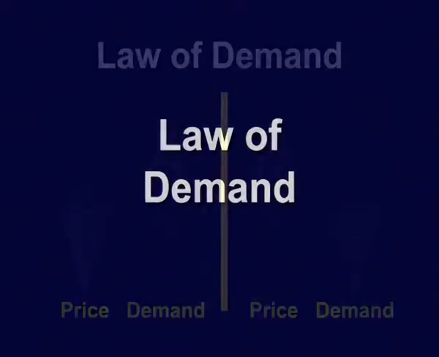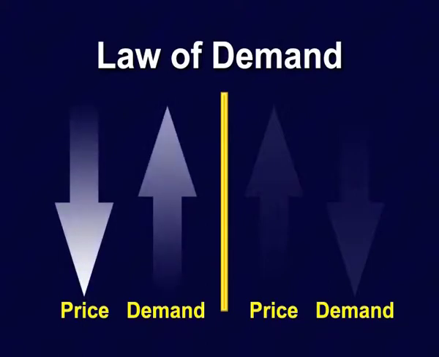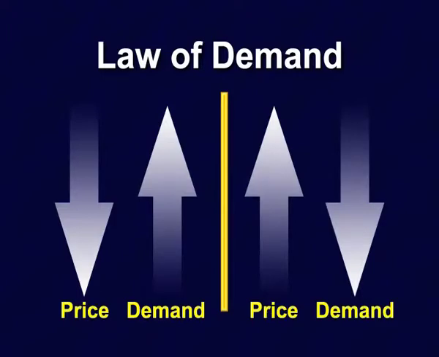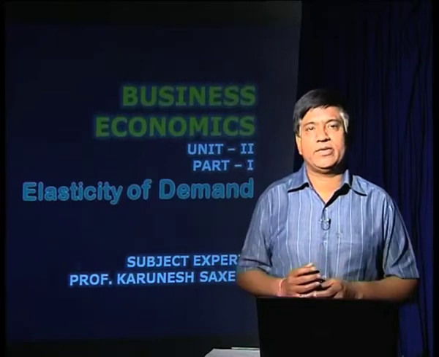Law of demand very categorically specifies that if price falls, demand rises, and vice versa, that is if price rises, demand falls, with the assumption that other things are held constant.